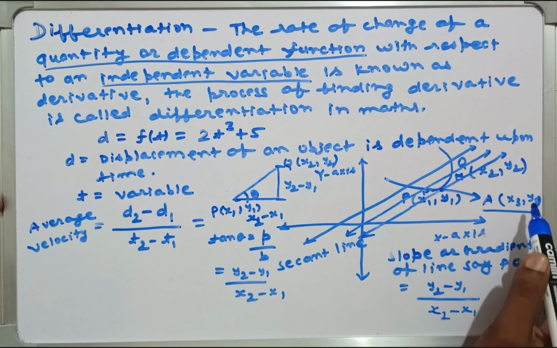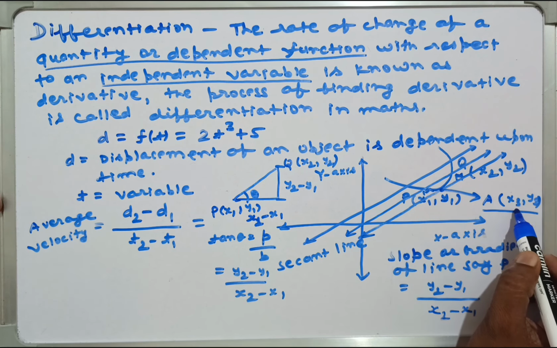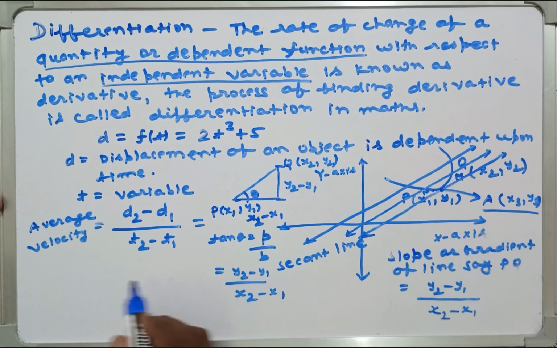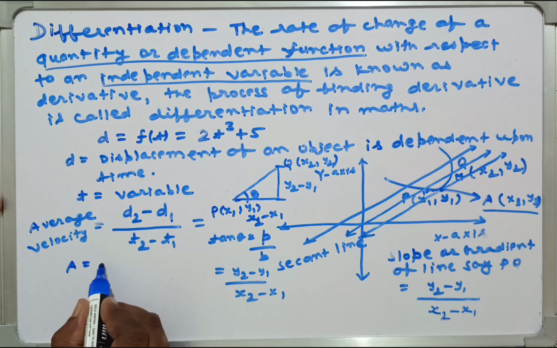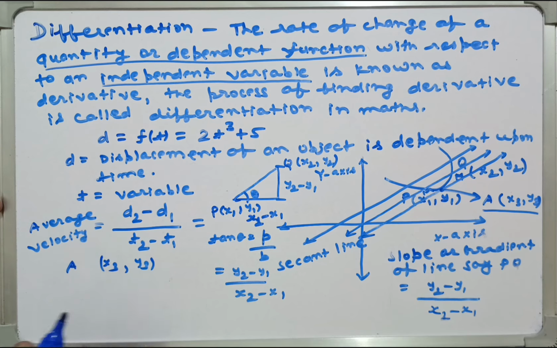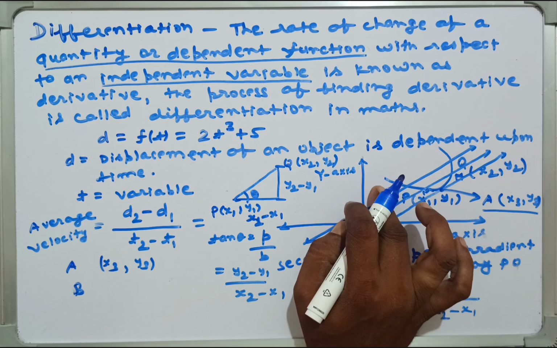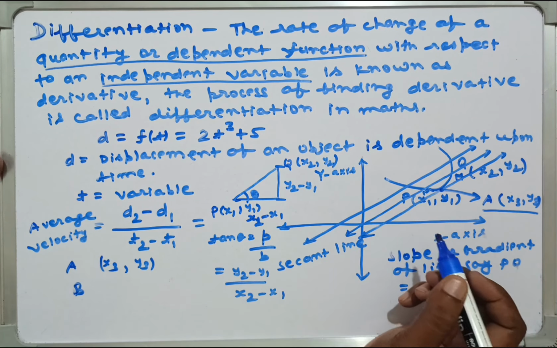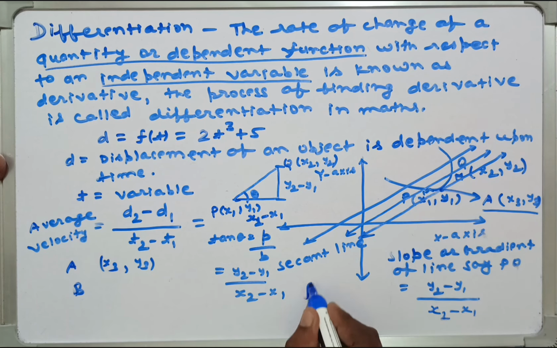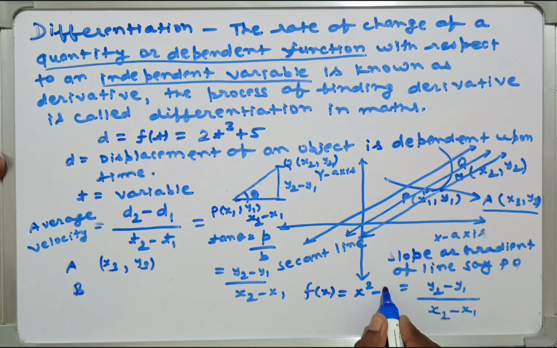Suppose you have a point with coordinates x3, y3. Now suppose this is a curve which is a function f(x), say x square minus 2.